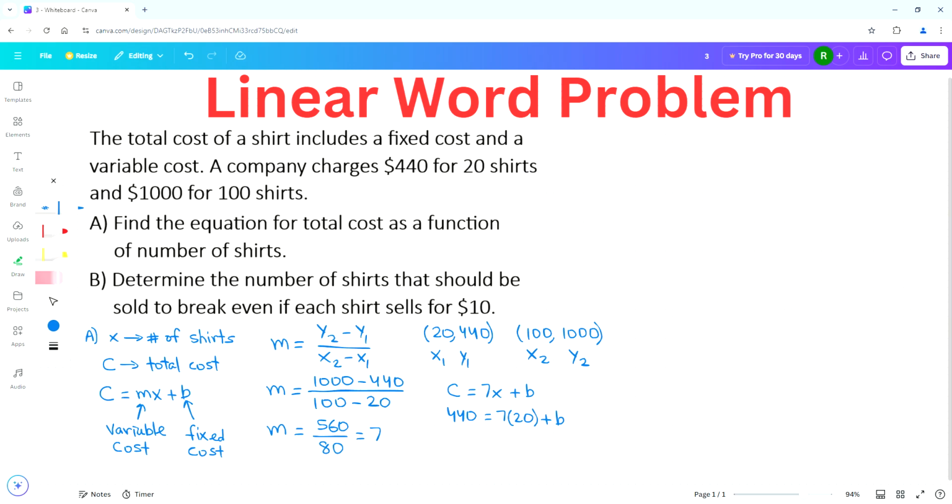Seven times 20 is 140. We can isolate b by subtracting 140 from both sides.